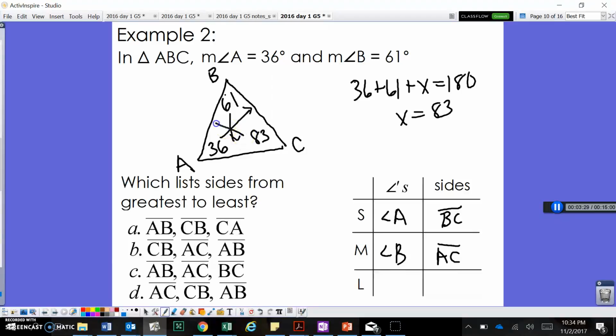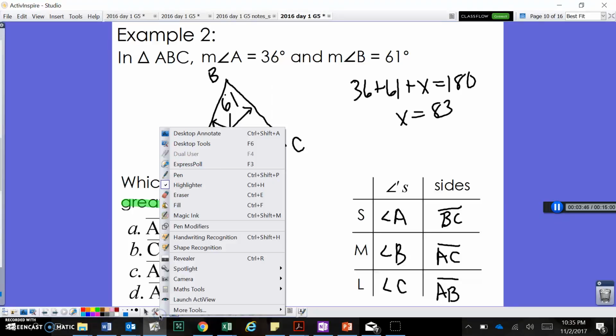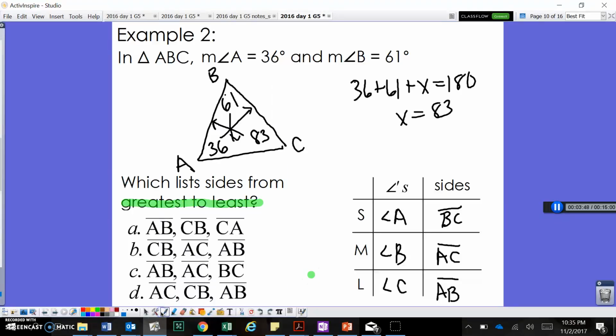And our largest is angle C, which is side AB. So the question is, which lists sides from greatest to least? Greatest to least. Okay? So when we look at our answer choices, our largest was side AB. So that should be first. Our medium is AC. So that leaves us with answer C.